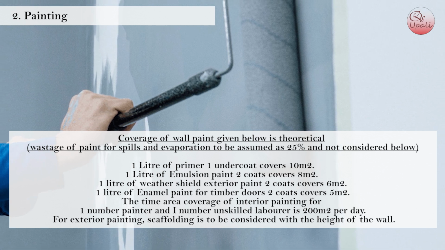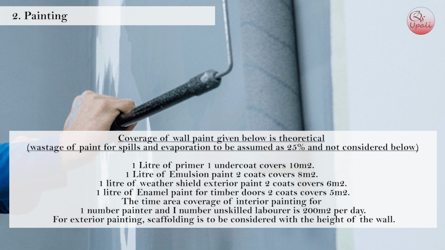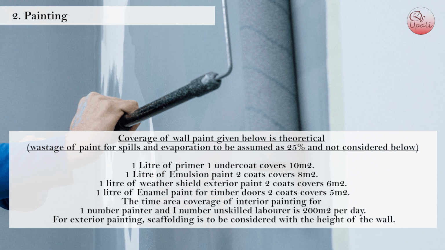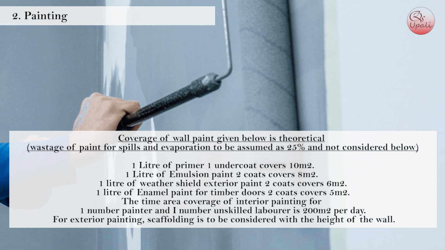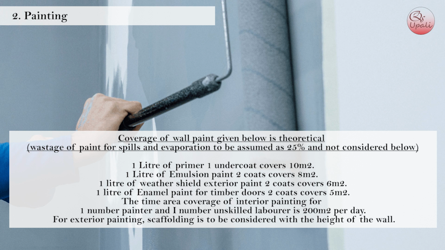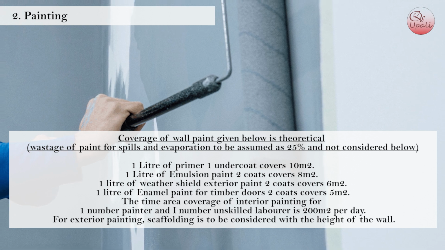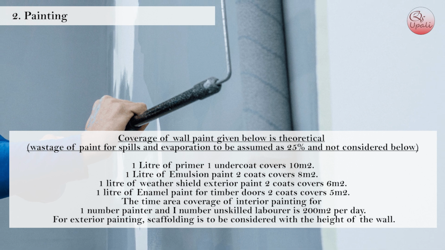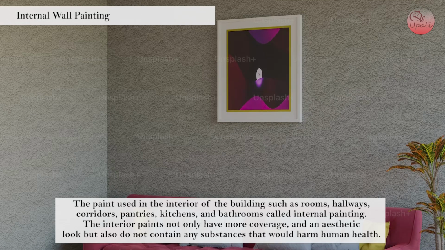The time area coverage of interior paint for 1 number painter and 1 number unskilled laborer is 200 meter squares per day. For exterior painting, scaffolding is to be considered with the height of the wall. Internal wall painting.